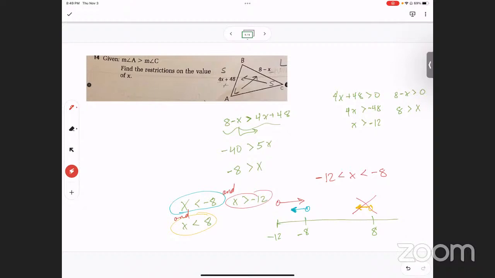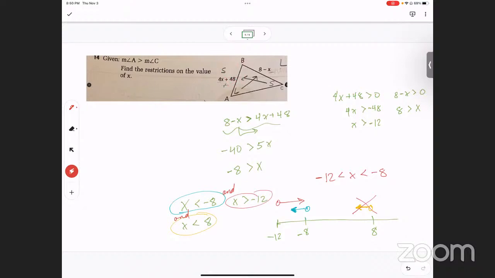It would be 12. 12, which is less than 15. So that worked. Okay. So yeah, plugging in values will help you know if you did it right. Because when you get to the right of -8, you're going to be like, oh no, that doesn't work, because now this one is bigger than this one. And if you get to the left of -12, you're going to be like, no, that doesn't work, because one of them is not positive, because this one wouldn't be positive anymore.